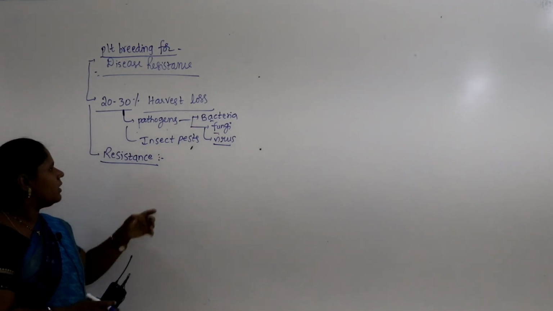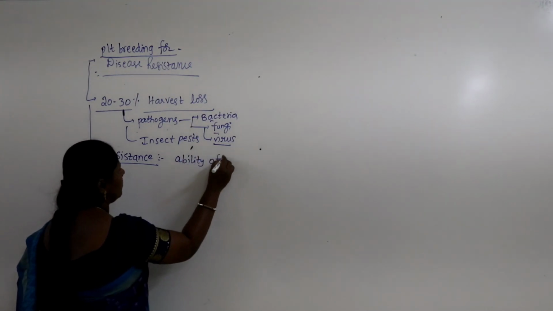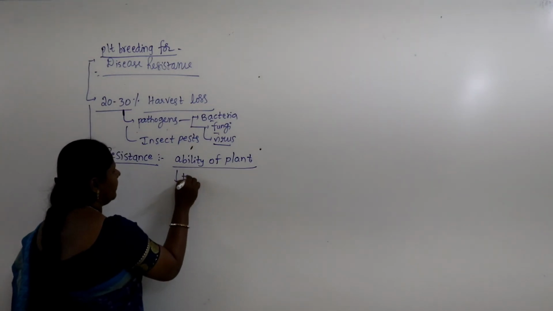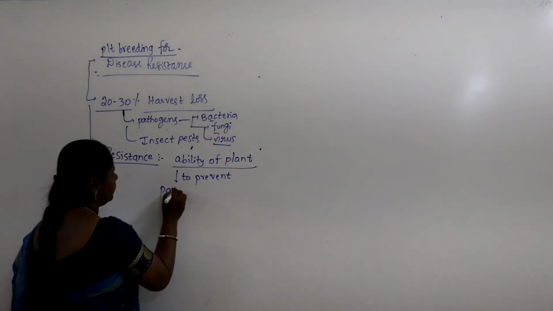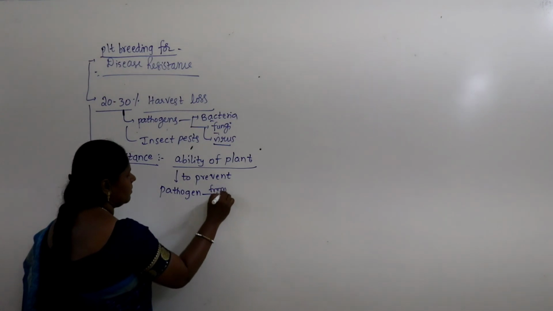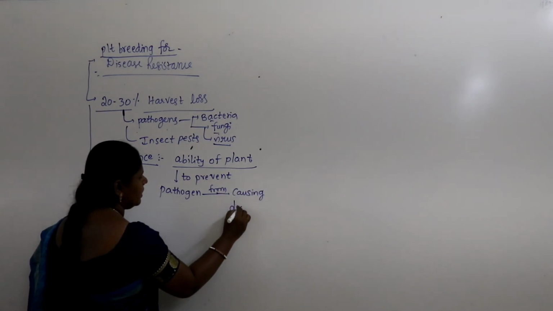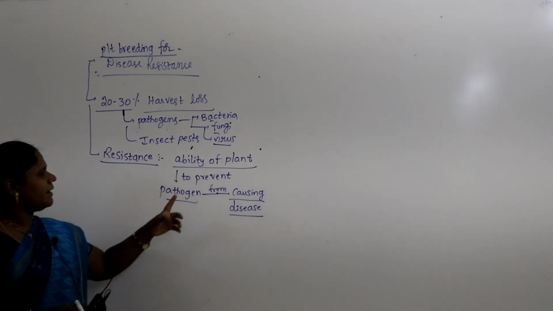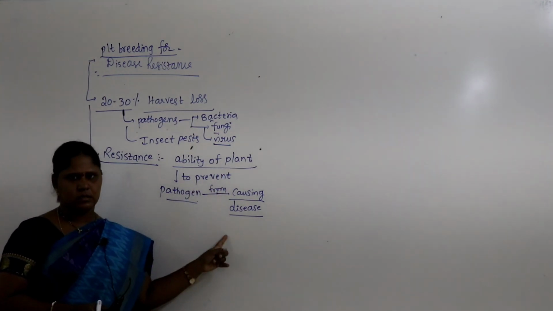We say it is the ability of the plant to prevent the pathogen from causing disease.